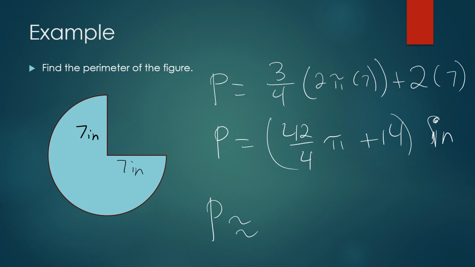Yep, so we have 10.5 times pi, which is 3.14 for our rounding purposes, which is about 32.97, plus 14. So we get 46.97 inches. We're done. In class, we're going to practice some of these so that you can help see the shapes and use those formulas.